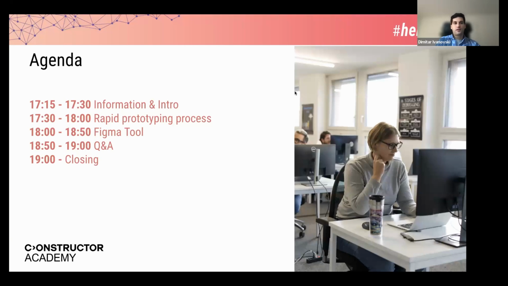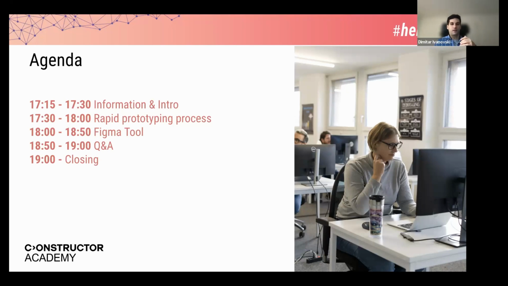So on the agenda for today, I wanted to give you a bit of an intro about myself and how we ended up here. Then we will dive a bit into theory, not a lot, with more practical examples.